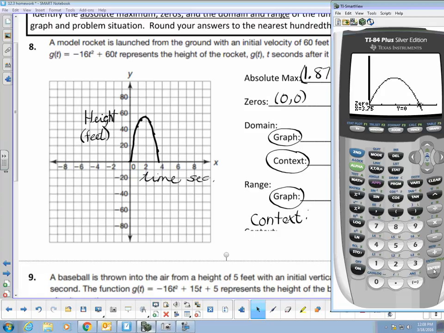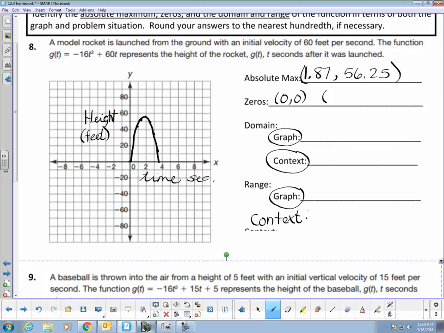And so my second x-intercept, or 0, zeros is the same as x-intercepts, is 3.75, 0. And what that means is after 3.75 seconds, the rocket is back on the ground, 0 feet on the ground.